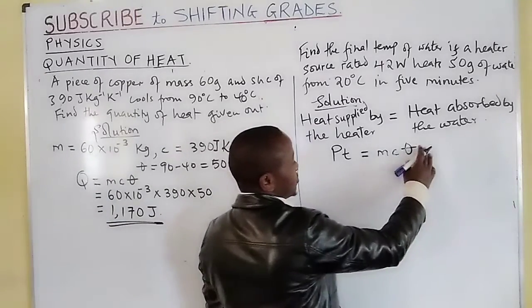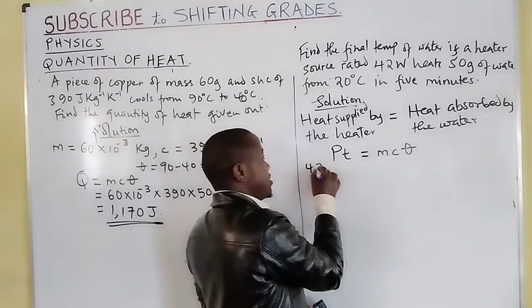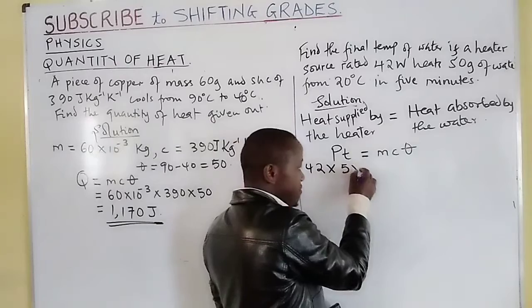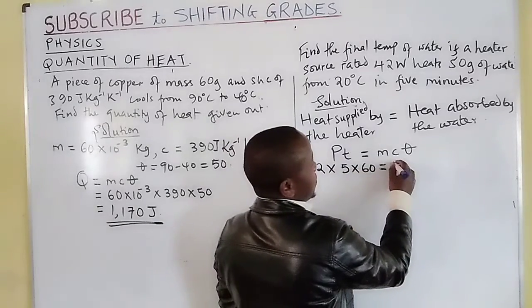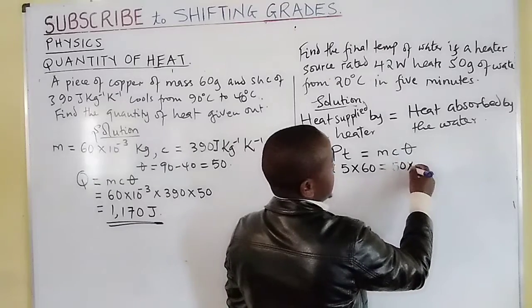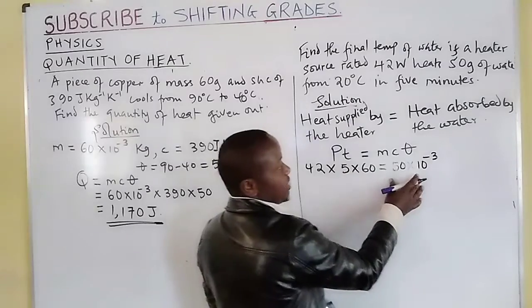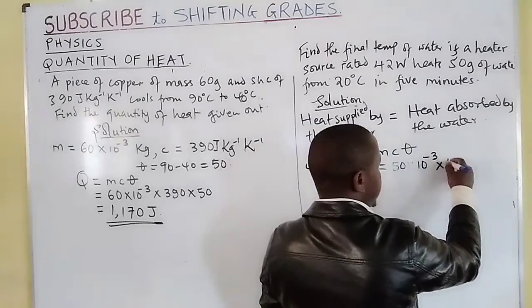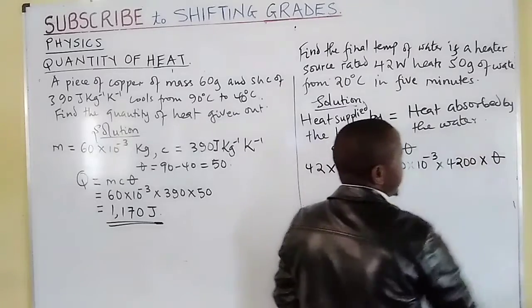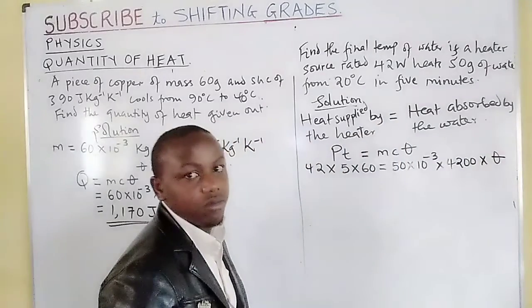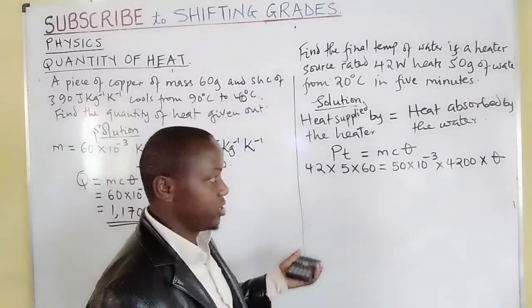Therefore, we can now take power, which is 42, times time, which is 5 times 60 to make them seconds, equal to mass 50 times 10 raised to negative 3 to make them SI units, kilogram, times specific heat capacity of water, 4200, times the change in temperature, which we don't know. We don't know what temperature the water has risen to.